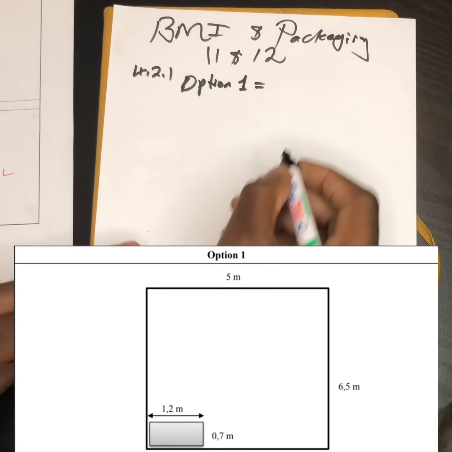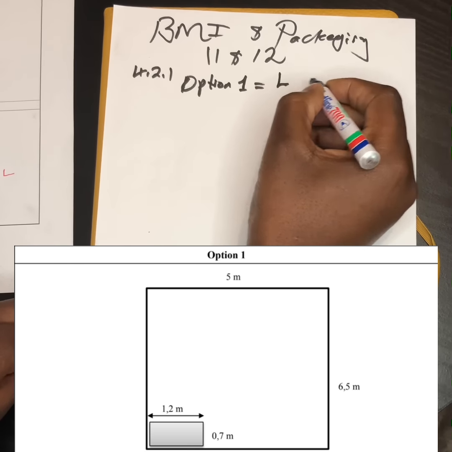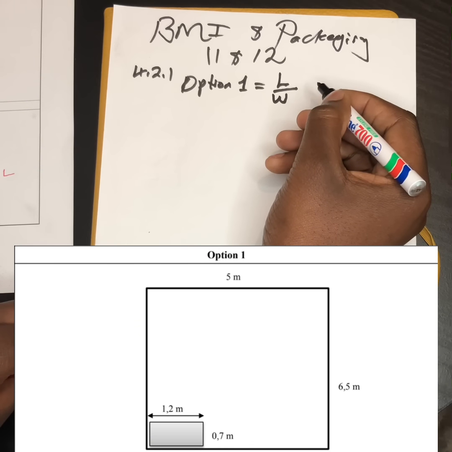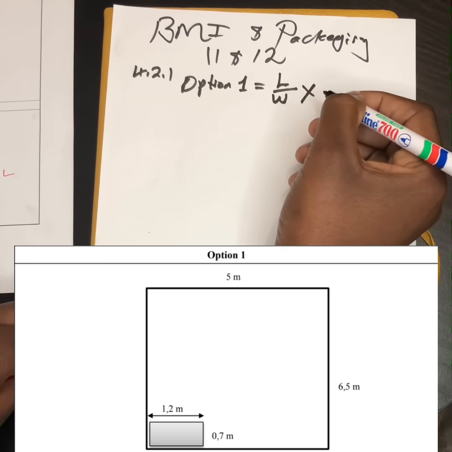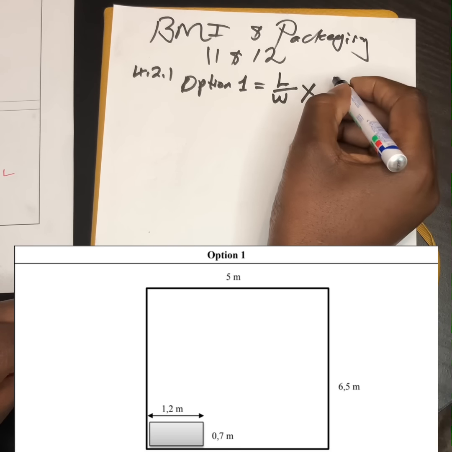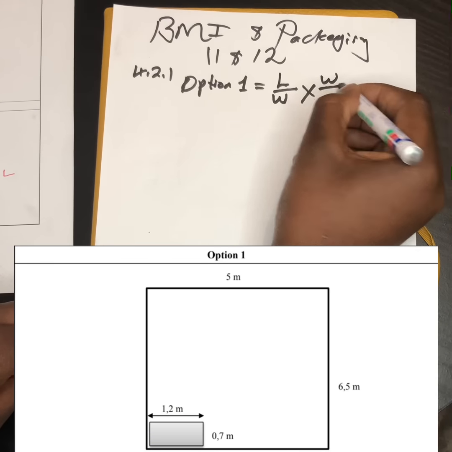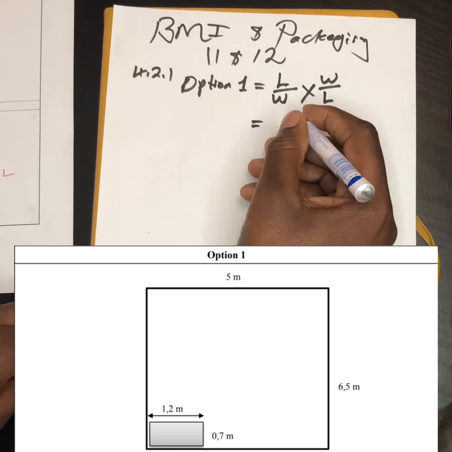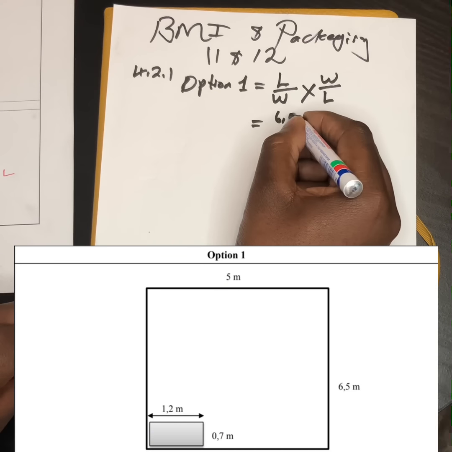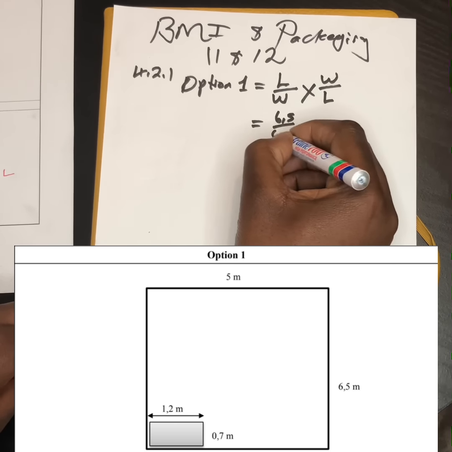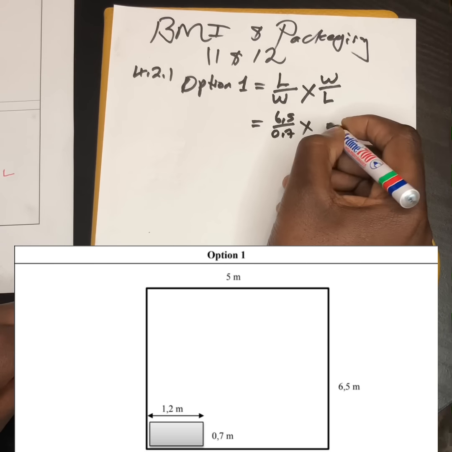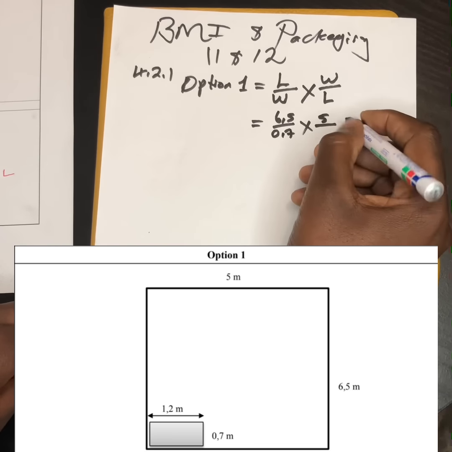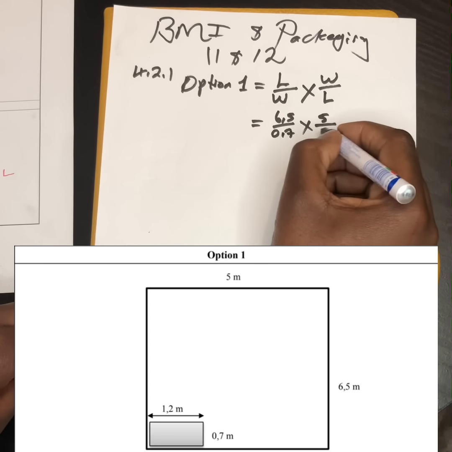We know that we are going to have length of a room divided by width of a packaging box, multiply by width of a room divided by length of a packaging box, which will give us 6,5 divided by 0,7 multiply by 5 divided by 1,2.